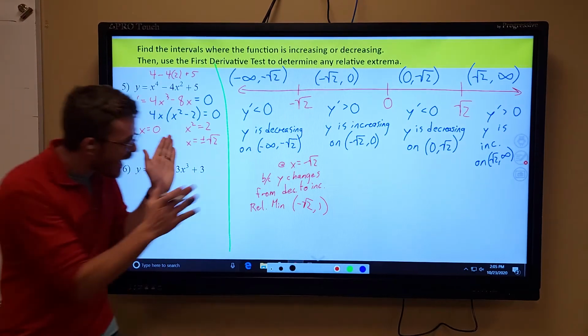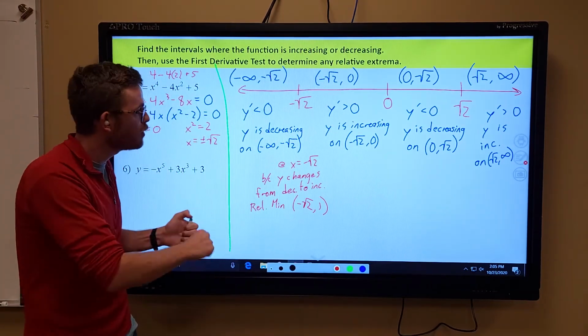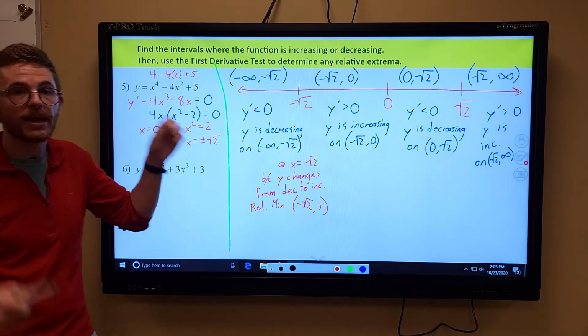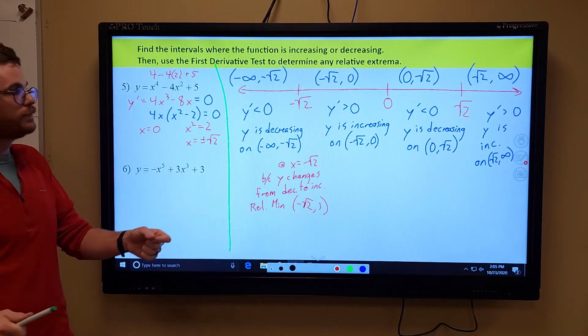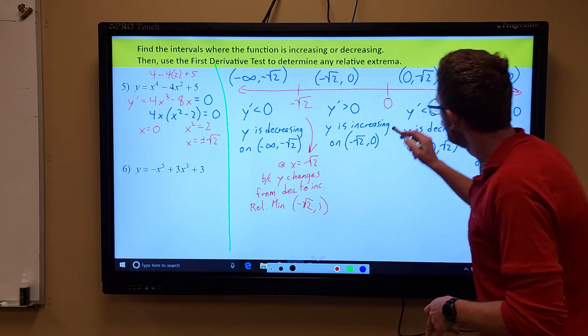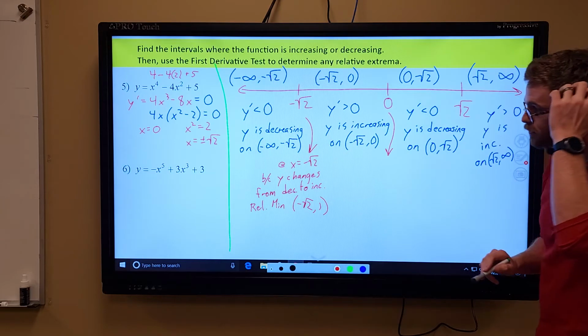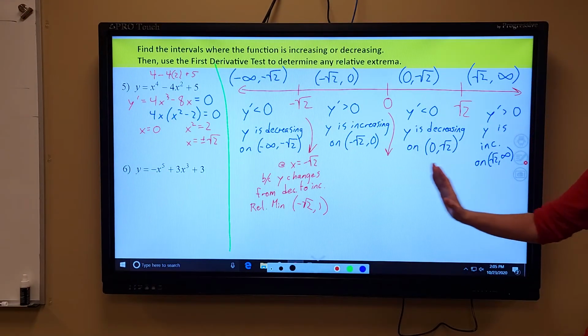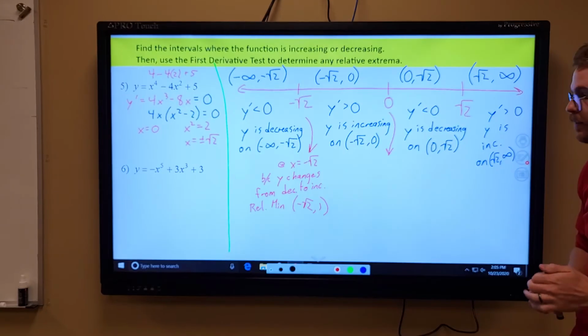So again, to get that actual point where it changed directions, we had the x value. To get the y value, you plug it back into the original function. Right here at 0, we can see it changed direction from increasing to decreasing.